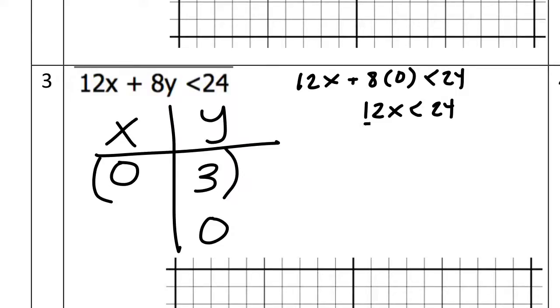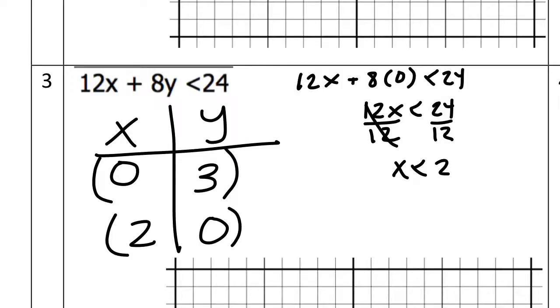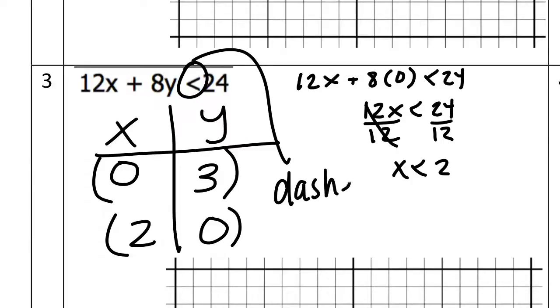To figure out what's exactly on the line, I divide by 12, and I get x is less than 2, but that represents a point on the line, so that's actually 2, 0. After that, I would use these 2 points and this symbol to figure out how to draw my line. Since this is just less than, I know this is a dashed line.